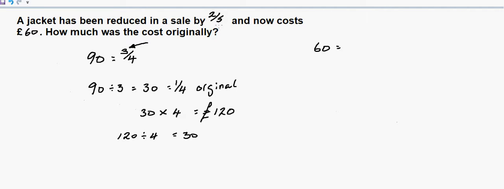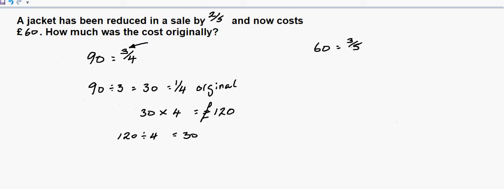We know 5/5 equals 1. So if 2/5 has been taken off, that means that 60 is the remaining 3/5, because 3/5 plus 2/5 gives us 5/5, which equals 1.